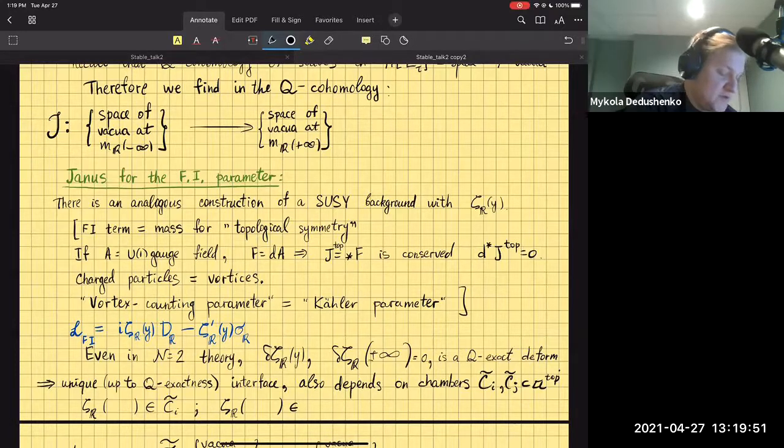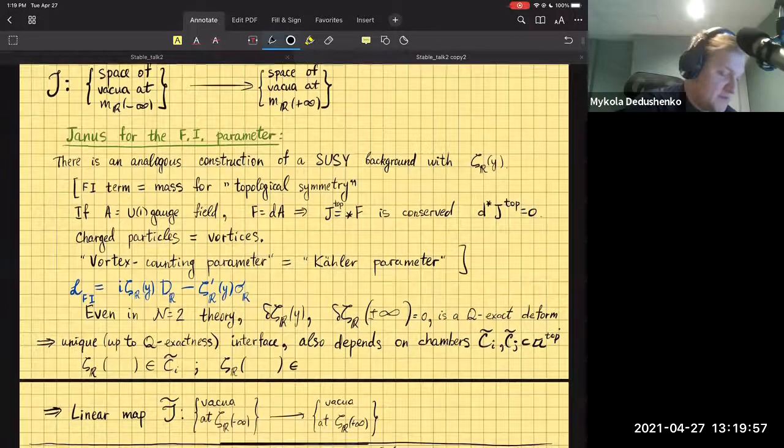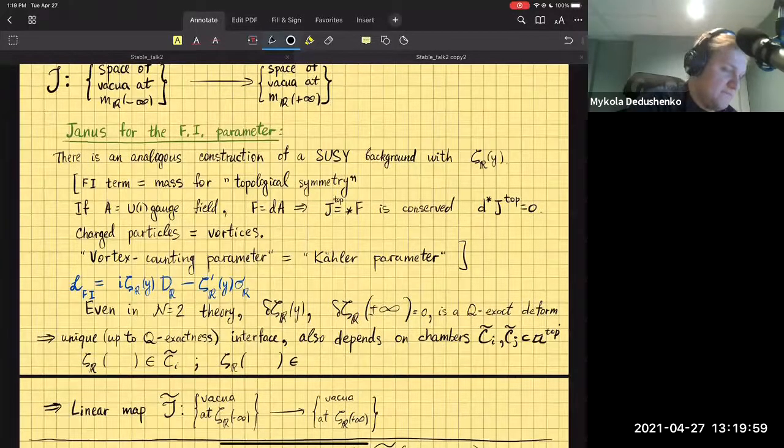So again, it gives you a unique, up to Q-exactness, interface that also depends on chambers, but now in the algebra of this torus of topological symmetries. And again, I assume that at minus infinity it takes value in one chamber, and at plus infinity it takes value in another chamber.